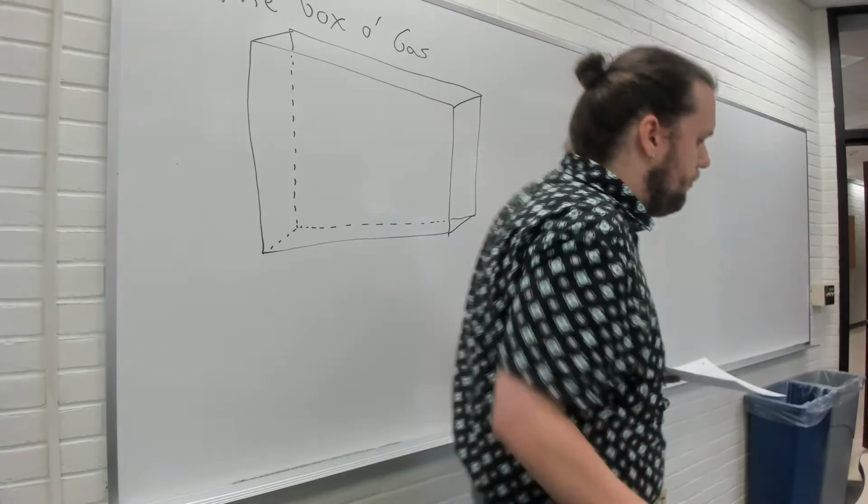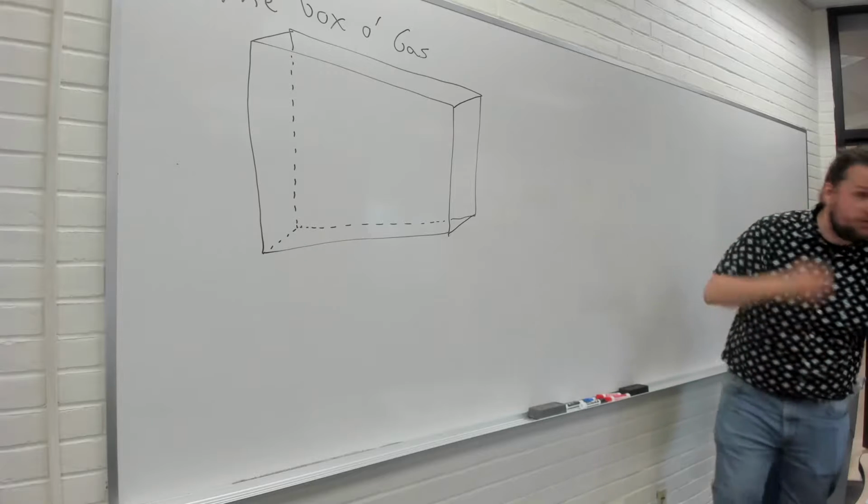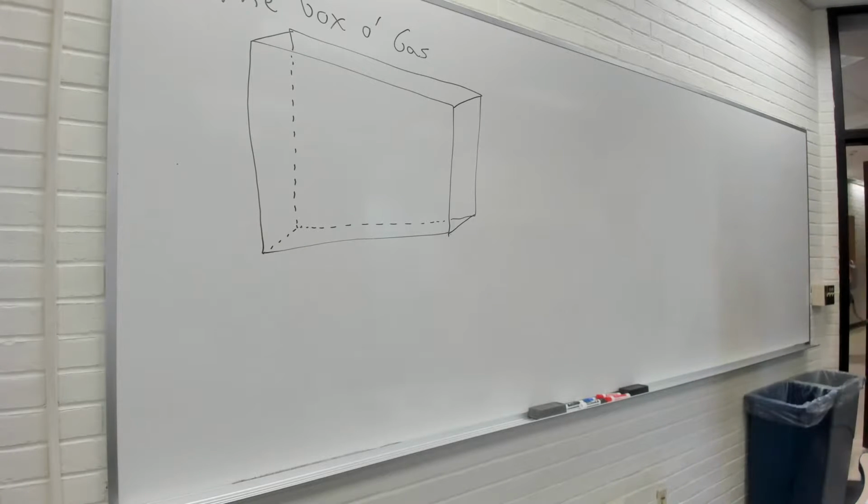Okay, so we're done with dealing with numbers. Let's do something with numbers. Today we're going to talk about our box, and we're going to talk about the box for quite a while actually. But I don't want to jump right into the box. I want to get us into a position of being able to talk about it. Right now we just have a box that we're going to fill with a gas or just some atoms. We don't even know if they're a gas.